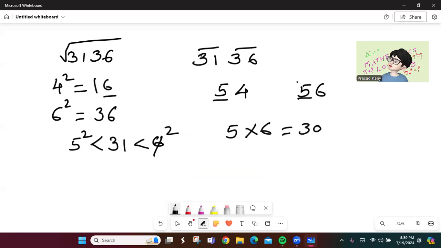Then I compare this product 30 with the second partition number 31. So 31 is greater than 30.